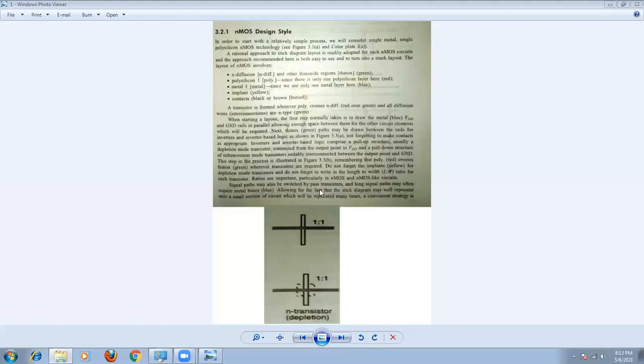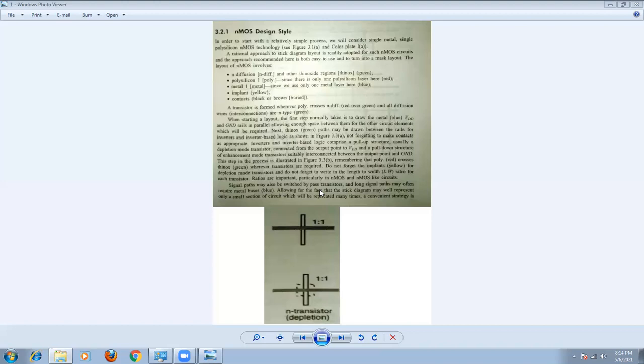Now let's see the contact cuts. We have different types of contact cuts: the buried contact, and also the ordinary contact. The ordinary contact means metal and any layer. We have an ordinary contact between metal one, always metal one, and any of the other layers. It may be NMOS diffusion, polysilicon, or P diffusion. Metal with any of the remaining layers is an ordinary contact.